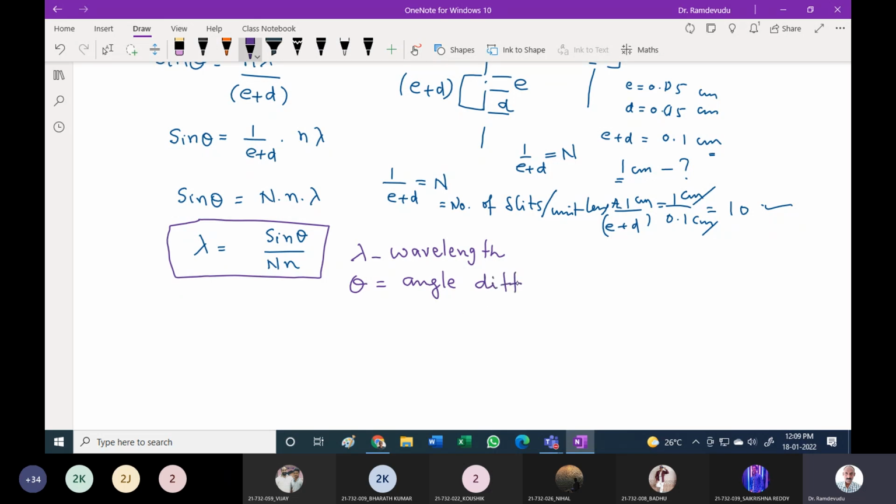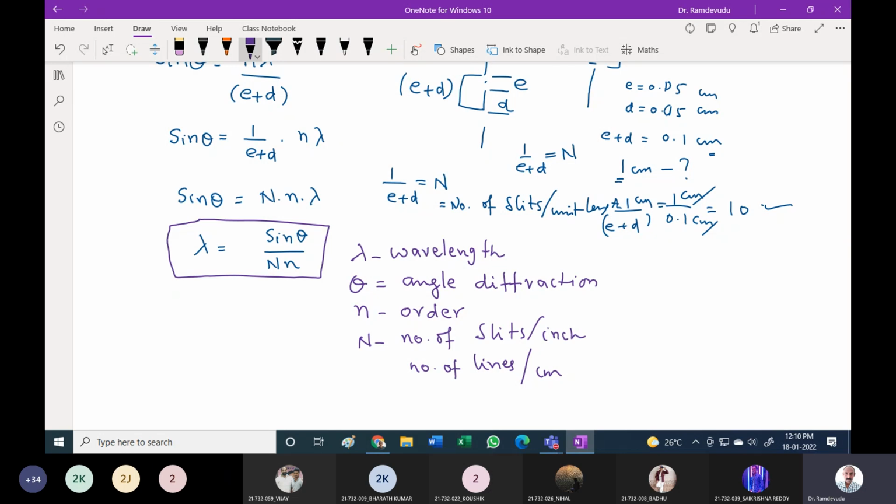And you know what small n is: small n is simply the order, first order, second order, third order. In diffraction, only one grating and one order you have measured. And capital N is the number of slits or number of openings, or number of lines per centimeter you have used. Here they have given it, of course, in inches.